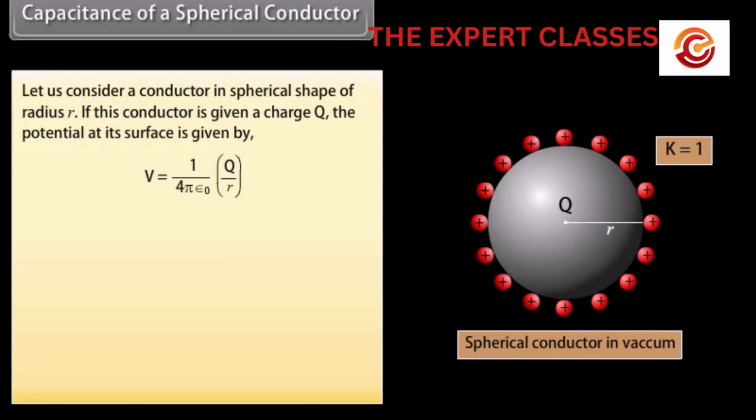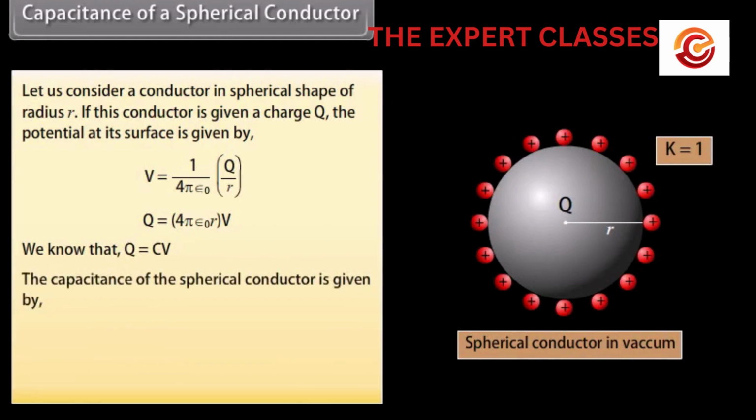It can be written as Q is equal to the product of 4 pi epsilon naught r and V. We know that Q is equal to CV. On comparing the above equations, the capacitance of the spherical conductor is given by C is equal to 4 pi epsilon naught r.